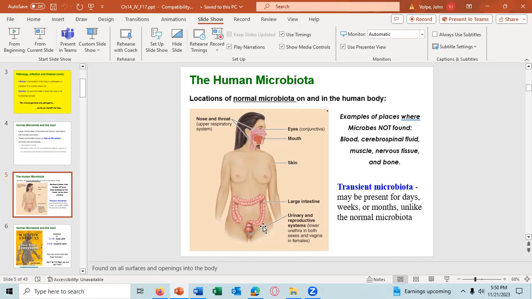But I then tested my skin about a week later, and sure enough, I had Staphylococcus aureus growing on my skin for the first time. And I said, geez, I must have got this from my aunt, and I hope I don't have this for the rest of my life.